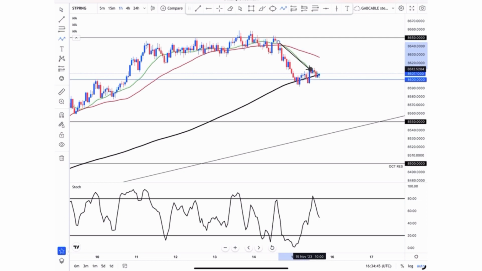So what we need now is this one to come a bit like this. Then we also need this one to go back and cross it like this. They will be going up. So I use the H1 time frame for the most current trend.